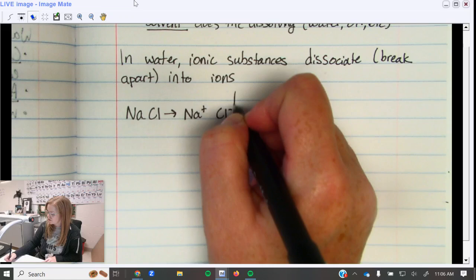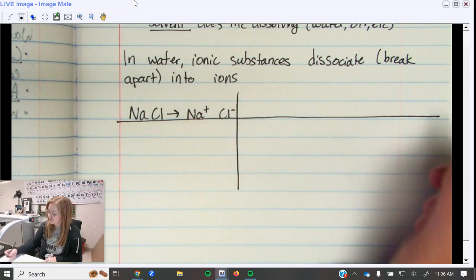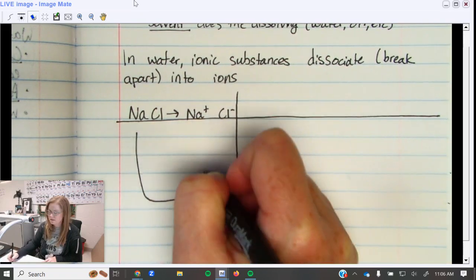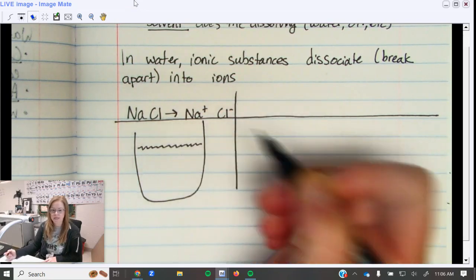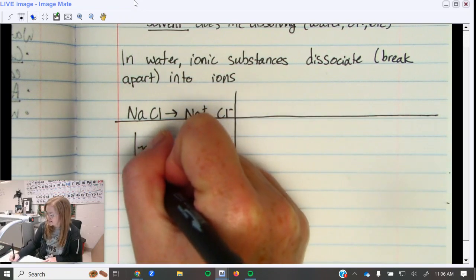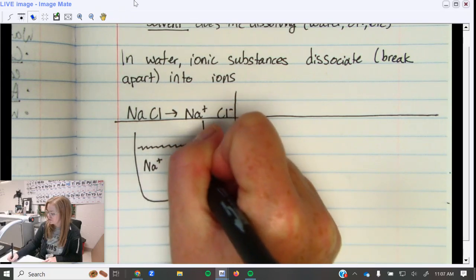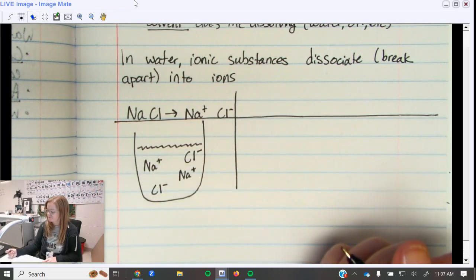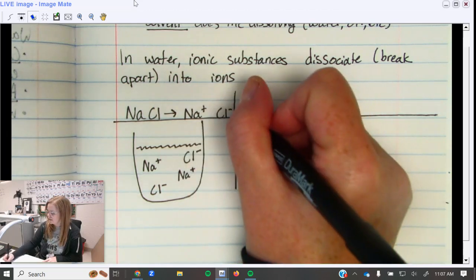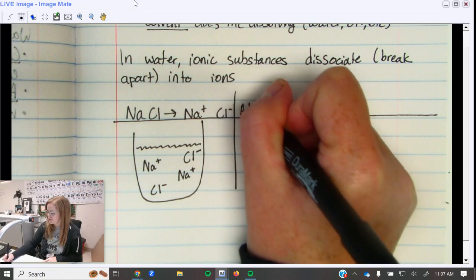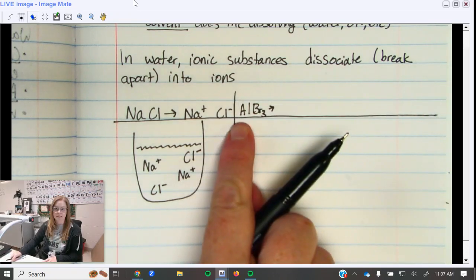And so when I draw them in solution, I'm going to draw a little beaker. I'm going to draw some water. And then I'm going to draw Na plus, and for each Na, there's one Cl minus. Let's say I have something like AlBr3. That is going to separate into aluminum.